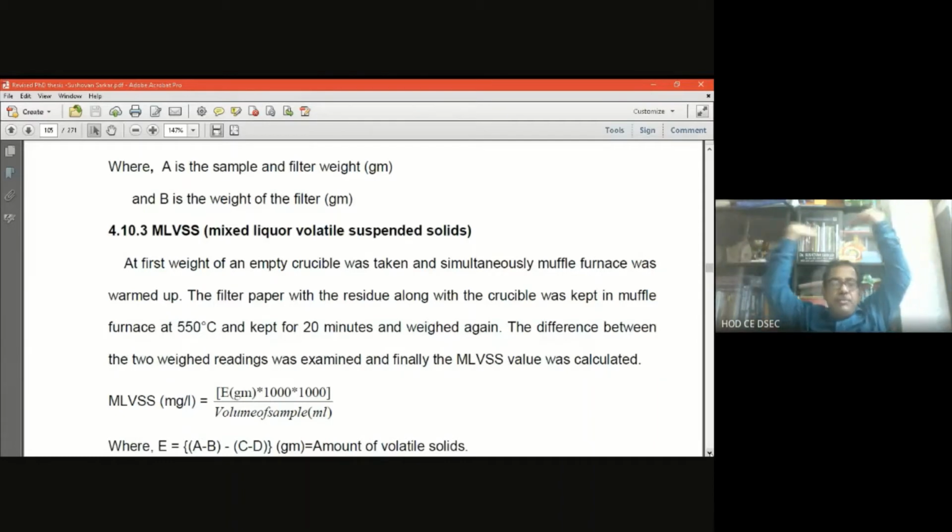So you have to switch on the muffle furnace to take time to reach 550 degrees centigrade.